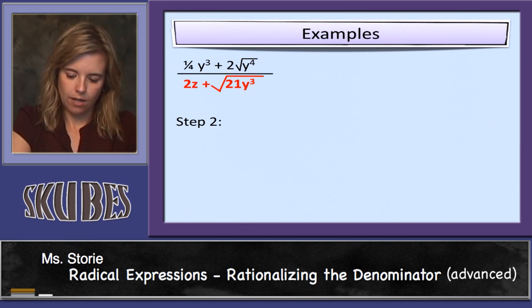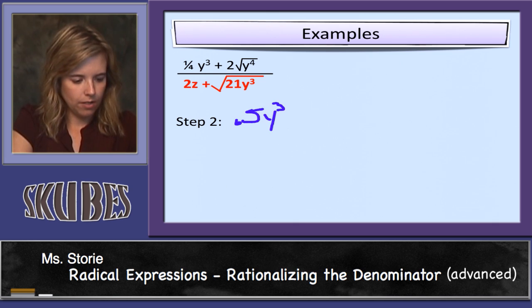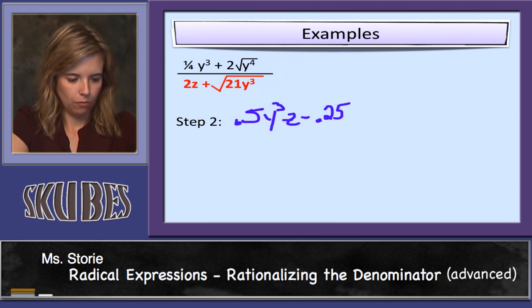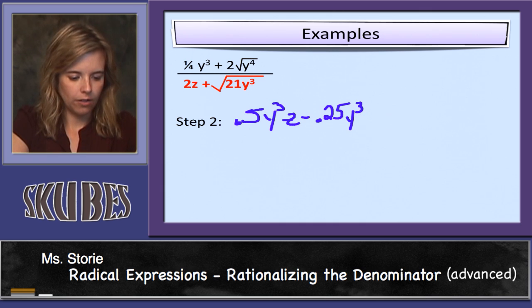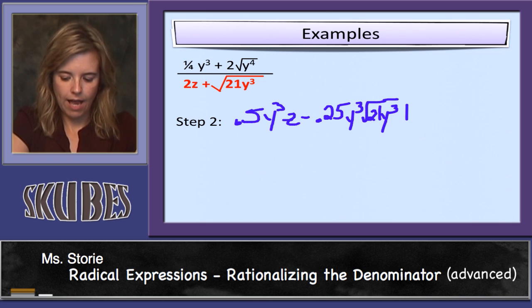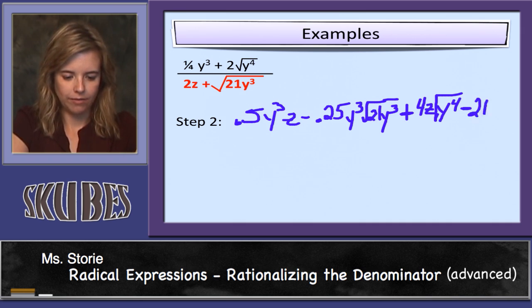When we take it then, we're going to end up with 0.5 y cubed z minus 0.25 y cubed radical 21y cubed, and then you're going to add the 4z radical y to the 4th, and then you still have to subtract your 2 radical 21y cubed.